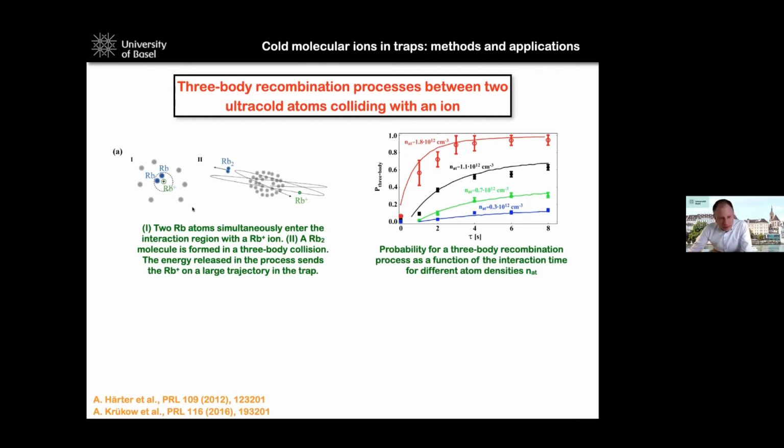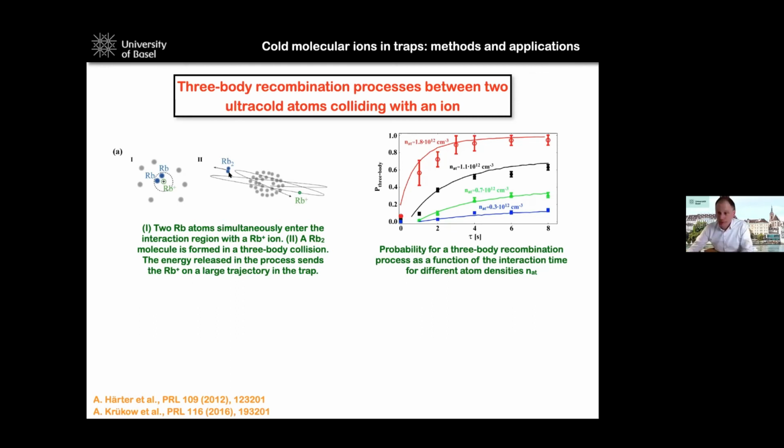What they saw is that if the atom clouds are dense enough, close to a Bose-Einstein condensate or even a Bose-Einstein condensate, then one can have three-body recombination. You can think of the ion present in this experiment as acting as a catalyst to form a rubidium-2 molecule.